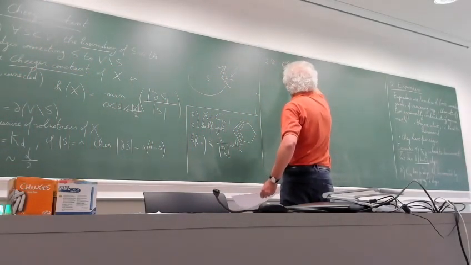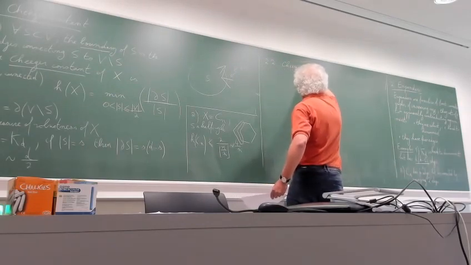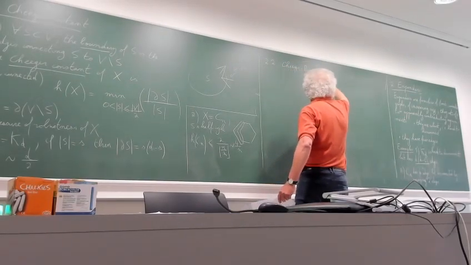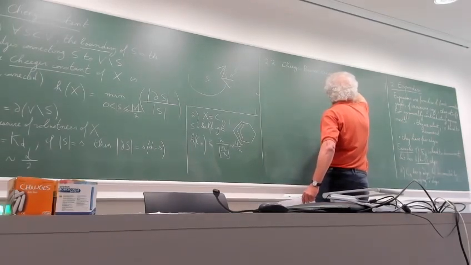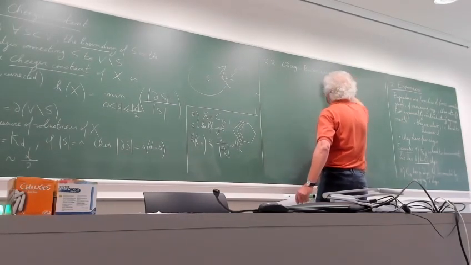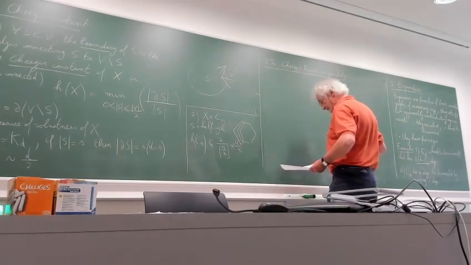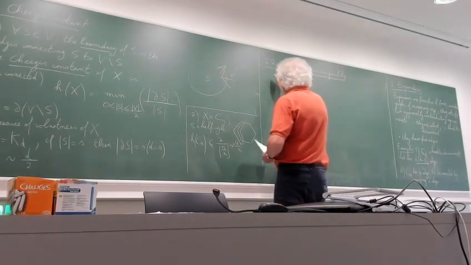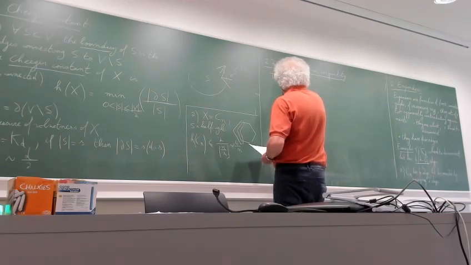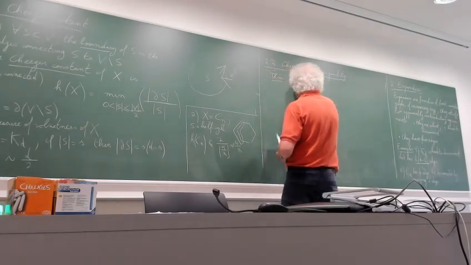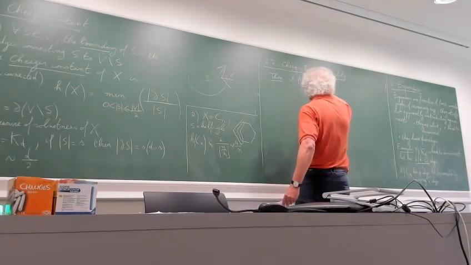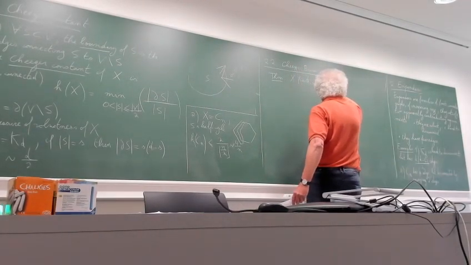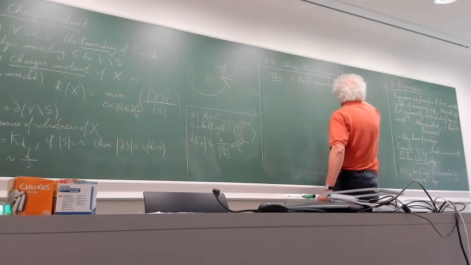2.2 Cheeger-Buser inequality. And that's the following inequality. So assume that X is finite, connected and k-regular.